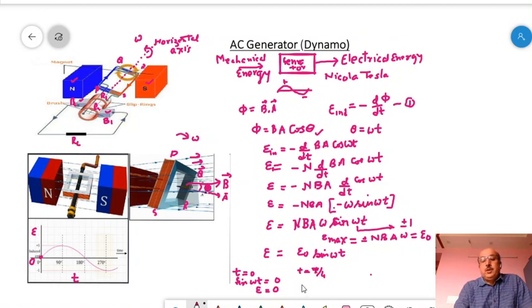Then omega t will be pi by 2, and we will get E equal to E naught.